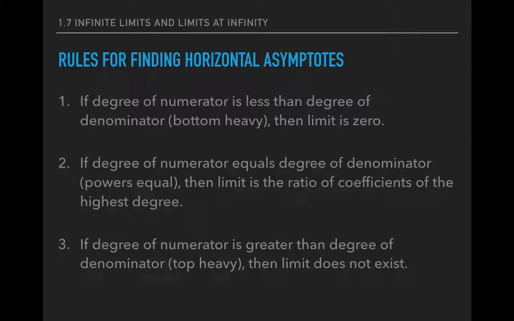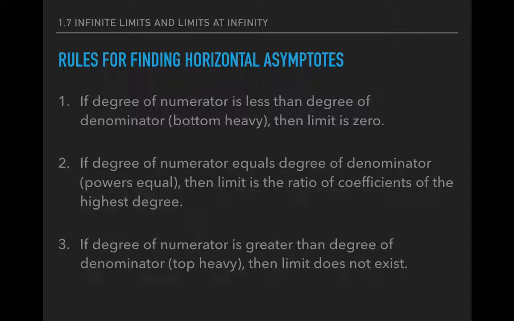I want to talk through a few rules when it comes to your horizontal asymptotes. This is really kind of an idea from pre-calculus, but we want to go through it thoroughly because it is essential. If the degree in your numerator is less than the degree in your denominator, meaning it's bottom heavy, then your limit is 0.